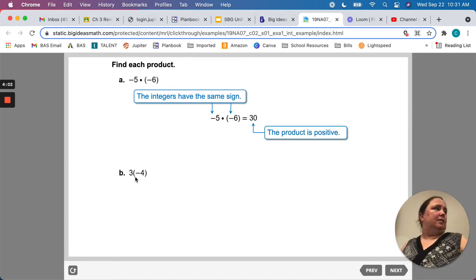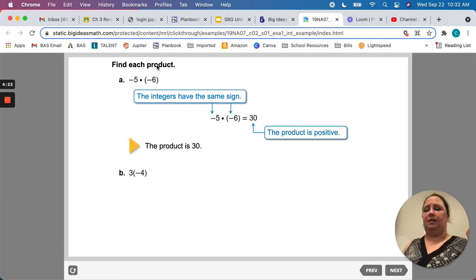3, and then you have open parentheses, -4. What does the number in the parentheses mean? What kind of math are we doing? Here's your clue. We're doing multiplication. When you have a number outside of a parenthesis, it means we're multiplying that number times everything inside.